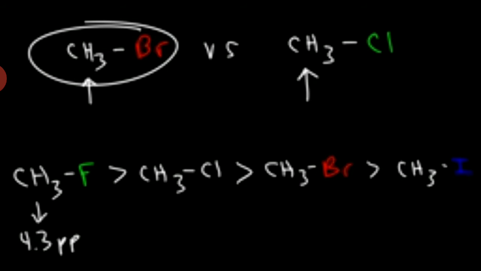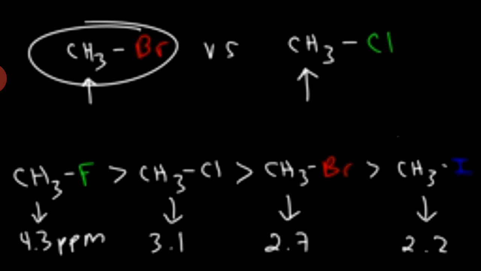These are some of the values given in the textbook. You can find the signal of CH3F at 4.3 ppm, CH3Cl at 3.1 ppm, methyl bromide at 2.7 ppm and methyl iodide at 2.2 ppm.